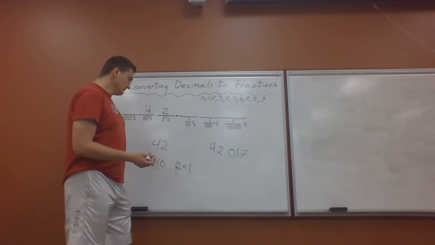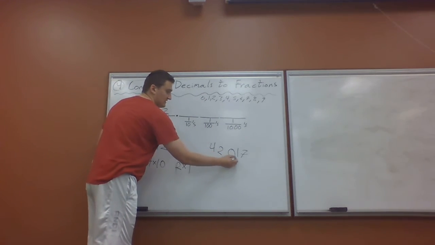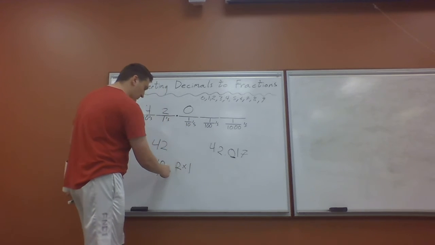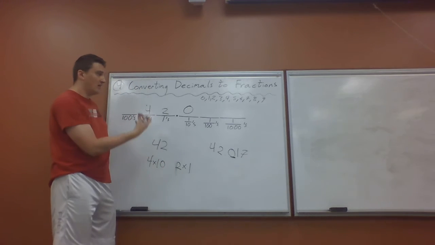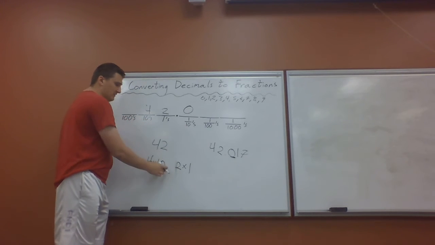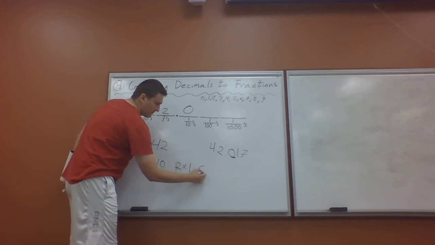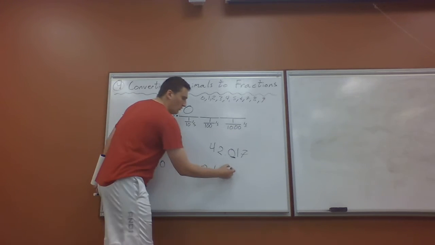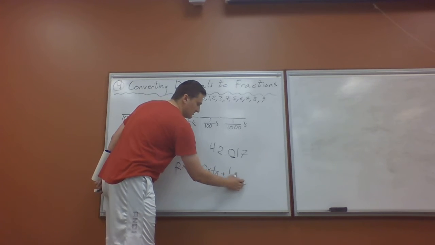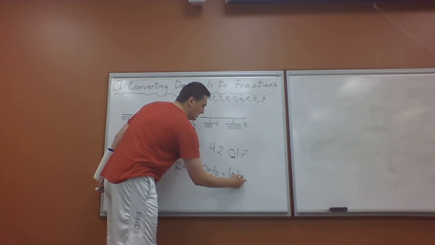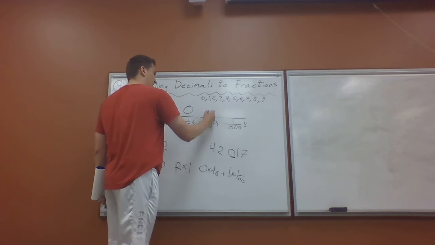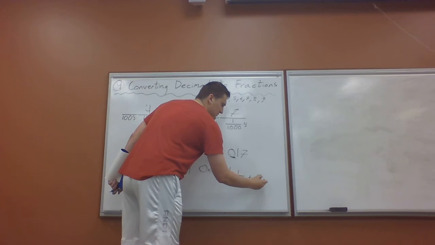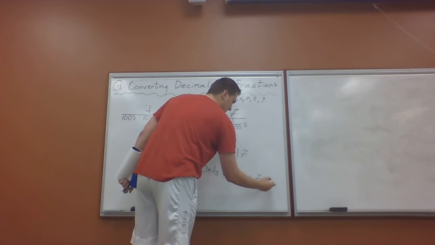This is in the tens place, and that means I have no tenths. So I would continue my addition of various powers of 10. I'd have 0 of those tenths, and I add that to 1 of those hundredths, and I have 7 groups of those thousandths.